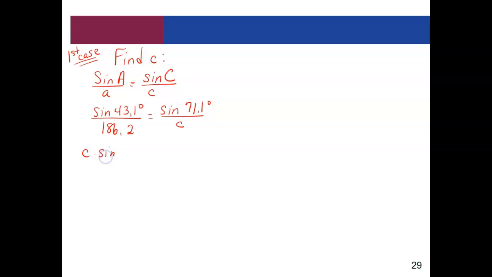Usually once you get these set up, they solve in a very similar way by cross multiplying. We're going to divide away this sine of 43.1.